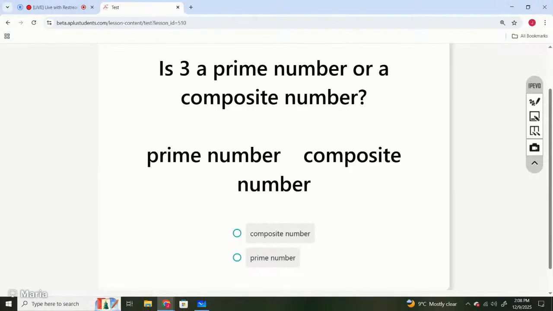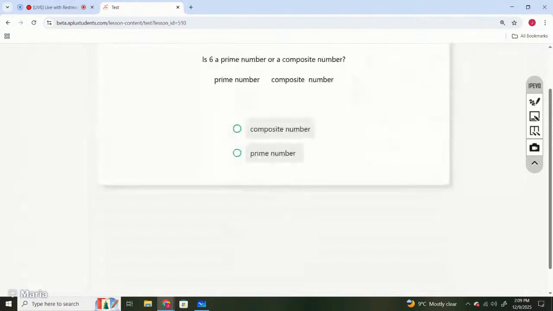Is 3 a prime number or a composite number? 3 is a prime number. Option number 2 is the correct option.